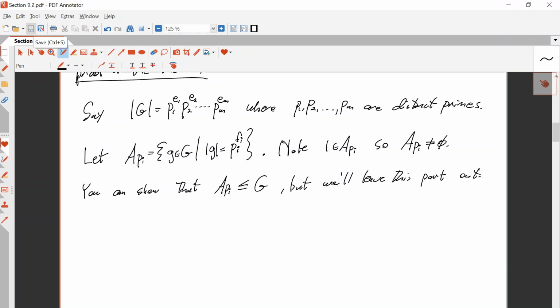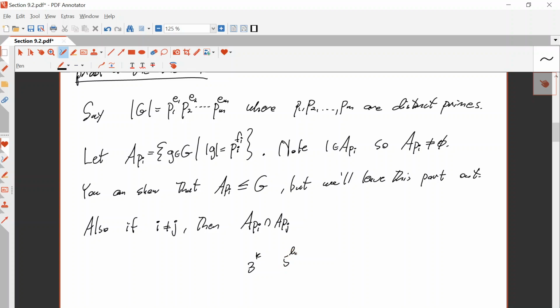Okay, what else do you notice about the two different A sub pi and A sub pj? If i is not equal to j, then A sub pi intersect A sub pj is the set of all elements whose order is, say if pi was 3, a power of 3, and the set of all elements whose order is a power of 5.